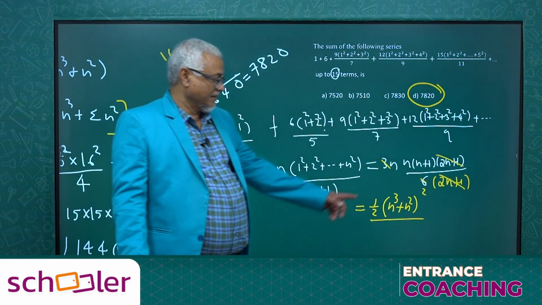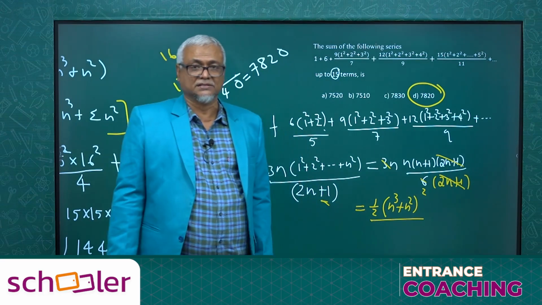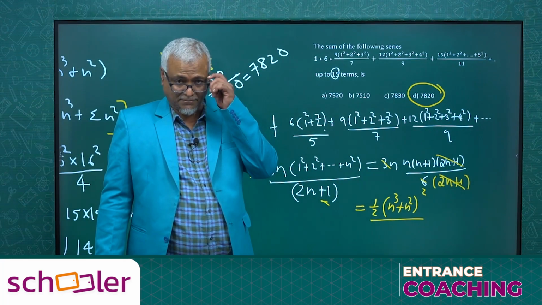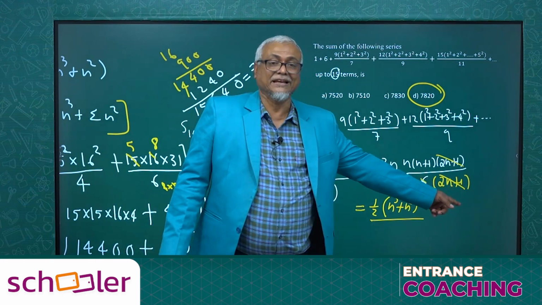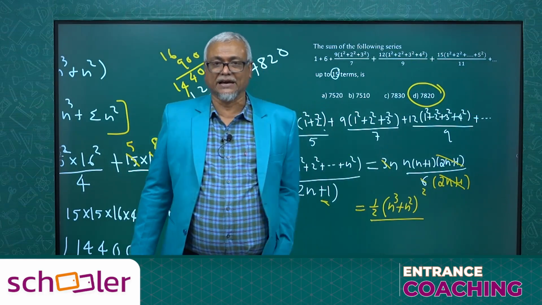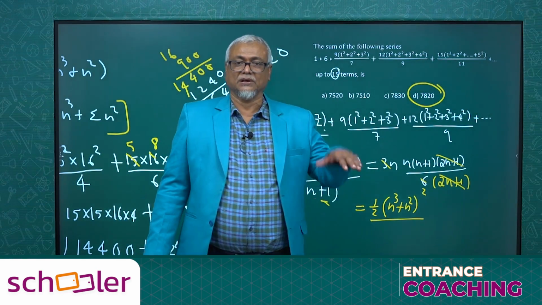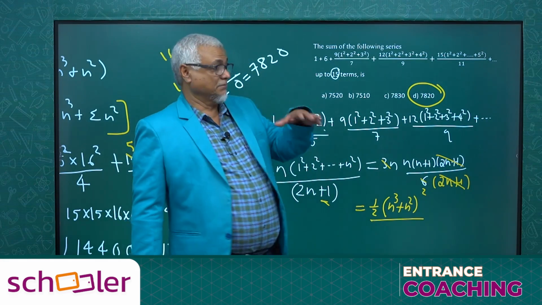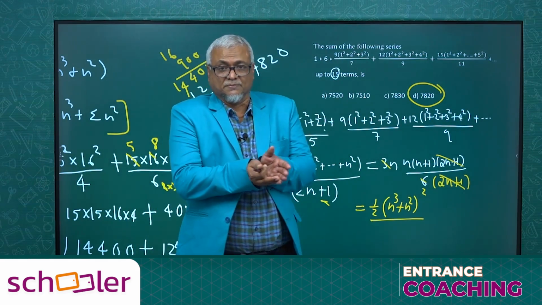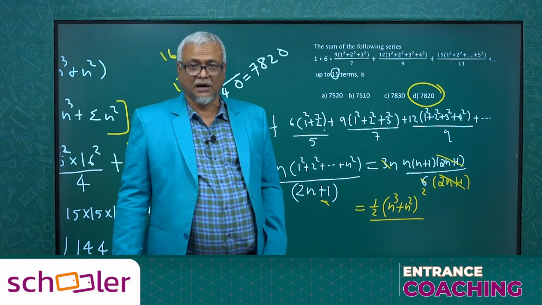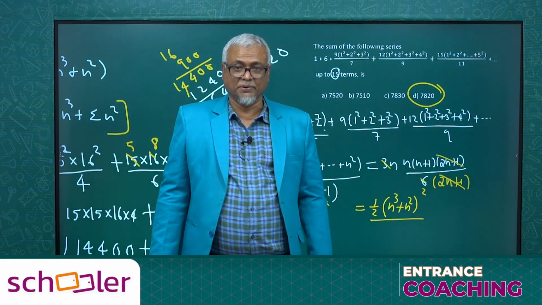And we write the formula for sum of cubes and sum of squares of first n natural numbers. So, conveniently this 2n plus 1 factor cancelled and it is reduced into half into n cube plus n square. So a bigger question reduced to a smaller one.